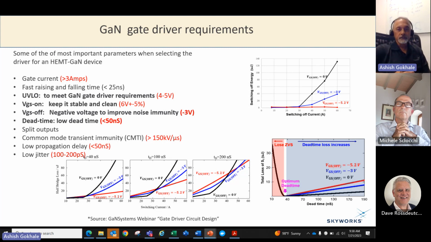They should be well matched from channel to channel if it's a dual driver or a half bridge driver, as well as from part to part, so that within systems you have very consistent performance for the end system as well. Skyworks drivers are actually the only drivers in the industry that have a jitter specification, and we spec a typical jitter of about 200 picoseconds. So these are really well suited for all of these 4 characteristics that we just mentioned.